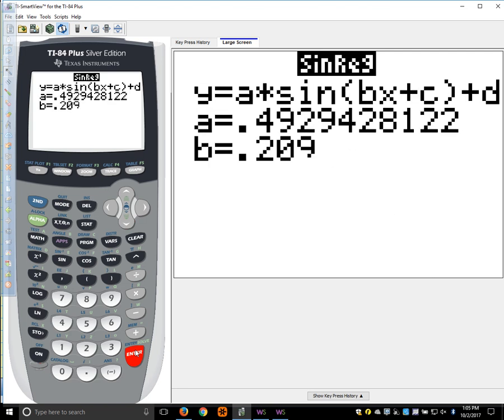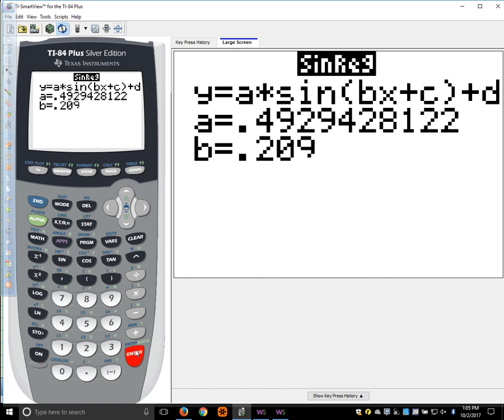So the calculator tells me that my model is y equals a sine bx plus c plus d. And I'm going to write these numbers down. So a is 0.49, b is 0.21, c is 0.11, and d is 0.47.